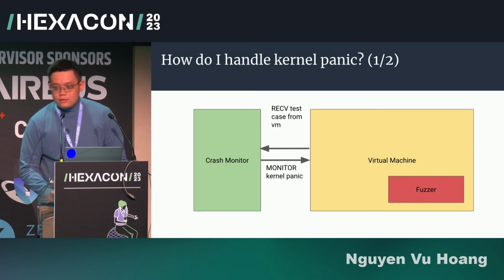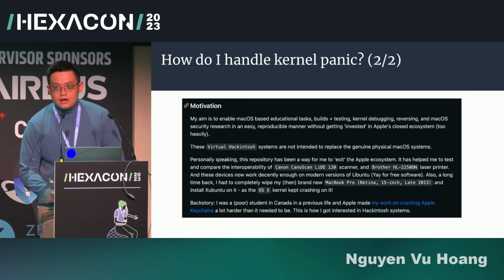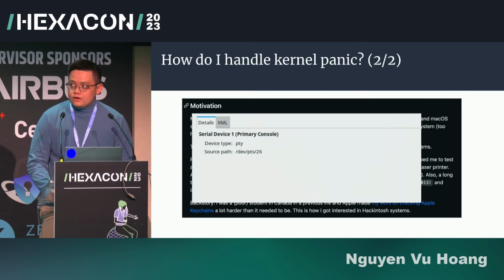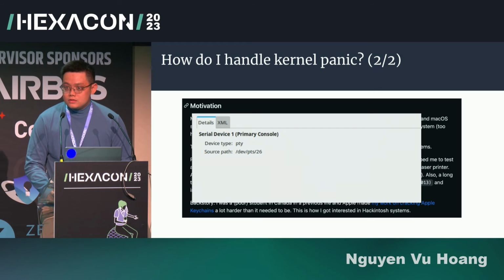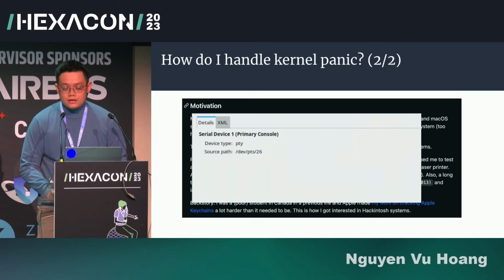So how do I monitor the kernel panics? It's very simple, thanks to the OSX-KVM open source project, which allows me to run Mac OS on Linux. And it also gives me a lot of useful APIs to interact with the virtual machine using Python. Furthermore, each virtual machine exposes a serial console, and I can interact with it easily in that directory in Linux.